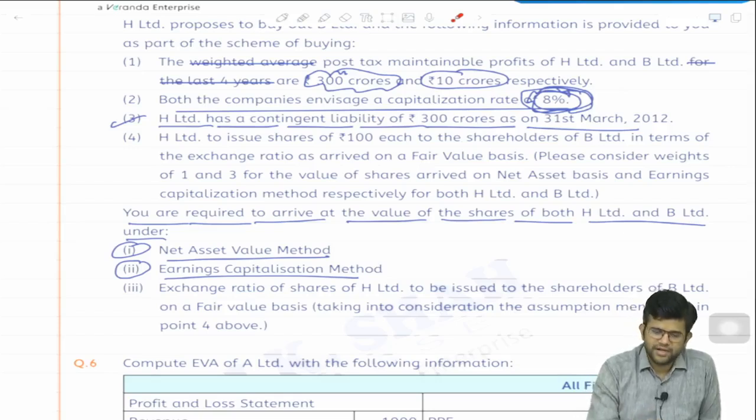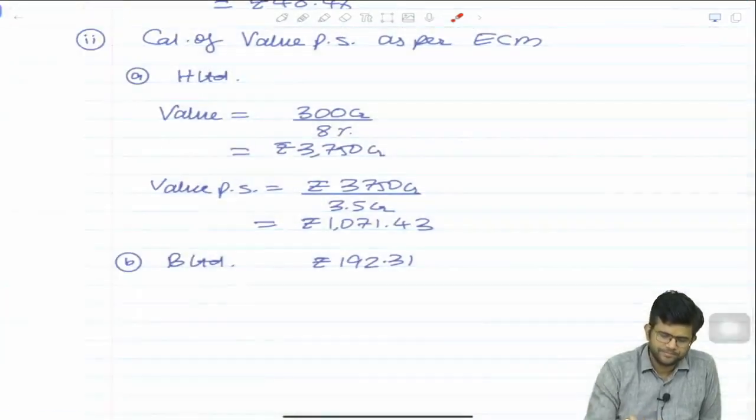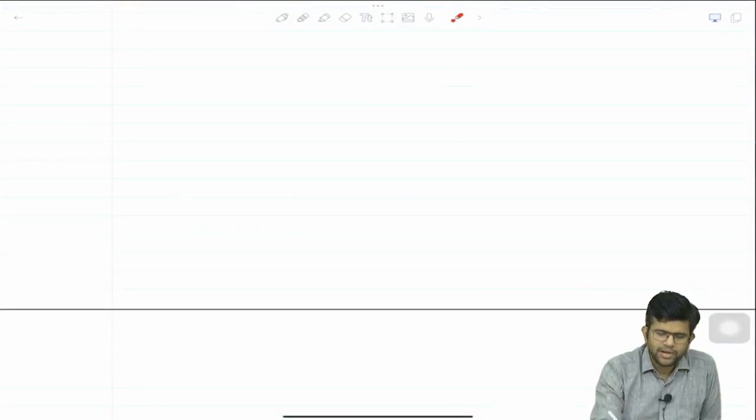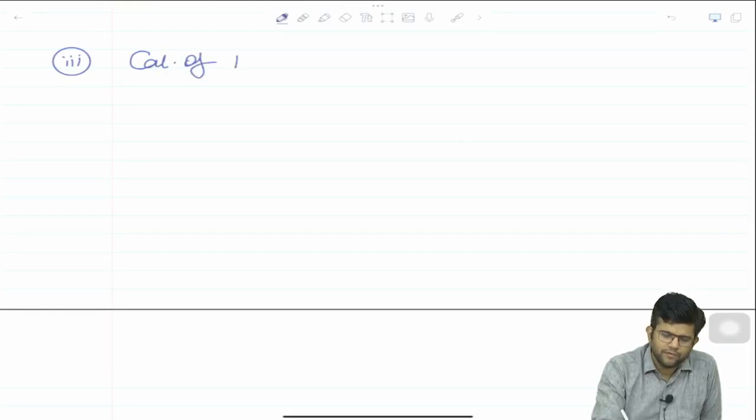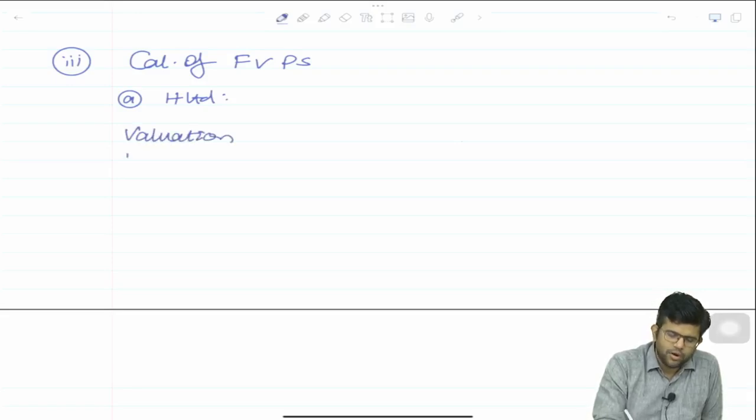Now how to do weighted average? Let's understand. So I am writing here point number 3. In that I'll write calculation of fair value per share, and for that I'll first write H Limited. Valuation model. There are two valuation models. One was the NAV model, one was the ECM model.